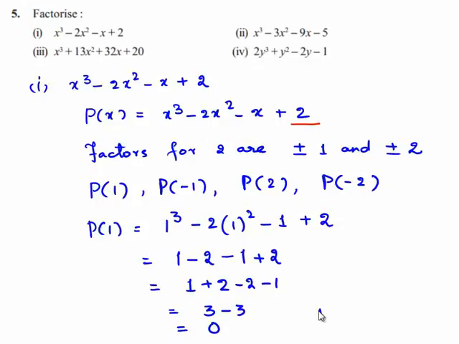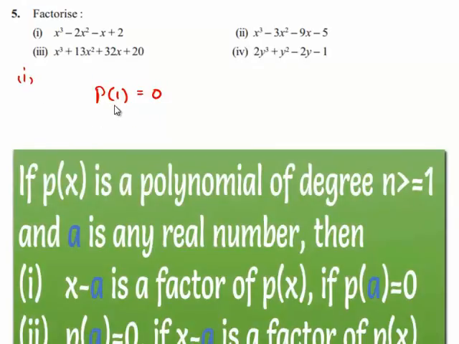So we got P of 1 is equal to 0. Since P of 1 is equal to 0, by factor theorem we can say that x minus 1 is a factor of P of x.